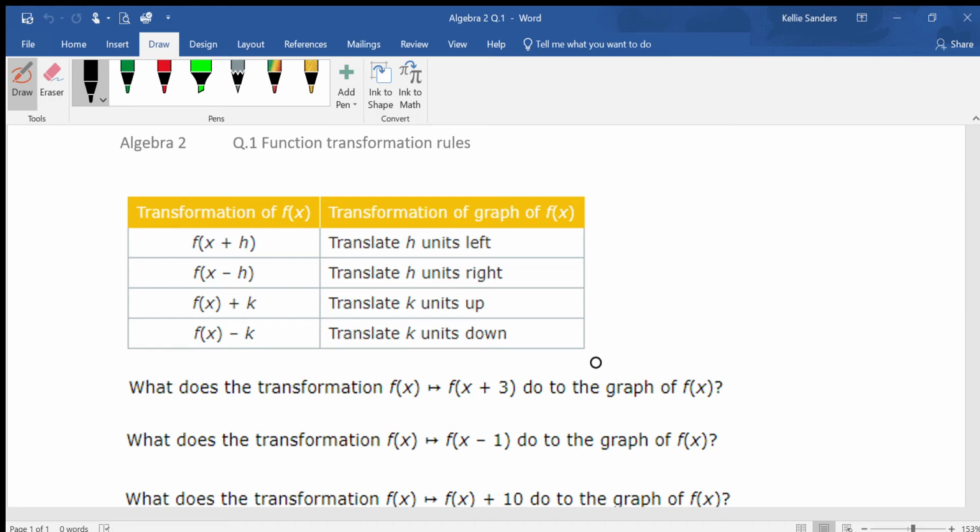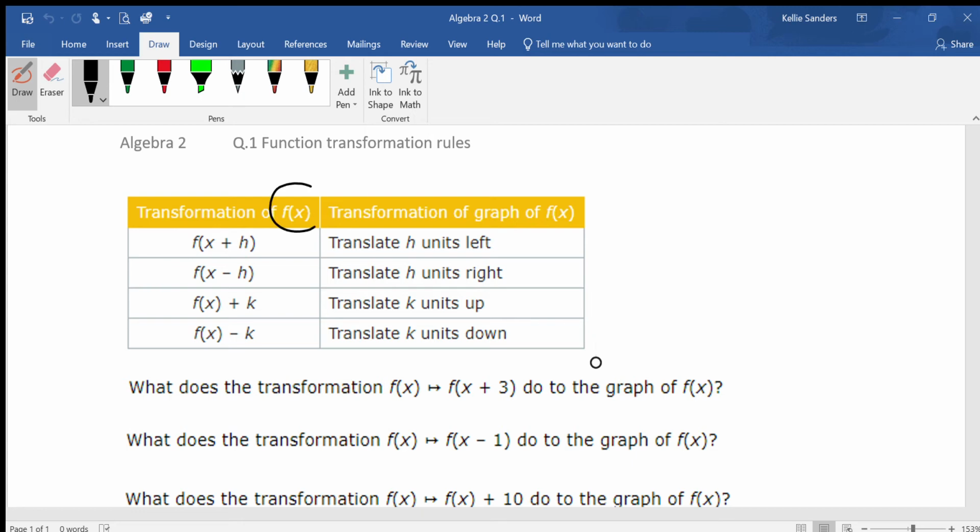So I strongly suggest, if you did not get the notes for these because you opted out of them, either ask me for them and keep up with them for the test, or copy these charts down, because I promise it will help you. Okay, so we are talking about transformations of graphs.